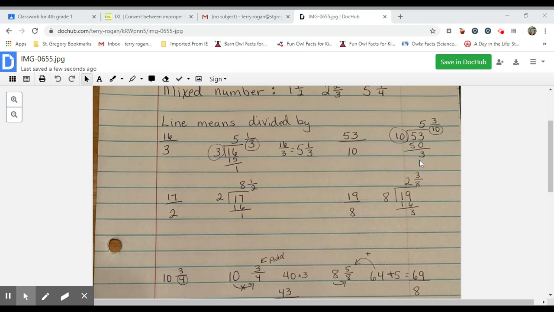We subtract and we get 3, except instead of writing the remainder as R3, we write it as 3 tenths. And tenths is because that is the denominator that we started with. So we're going to keep that denominator the same. We were dealing with thirds over here, so thirds there. Over here, we're dealing with tenths. So we have 5 3 tenths.